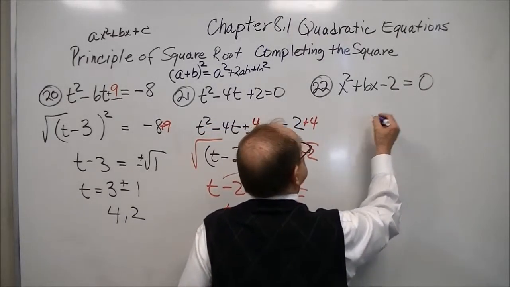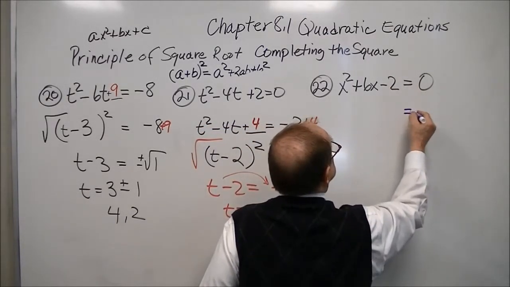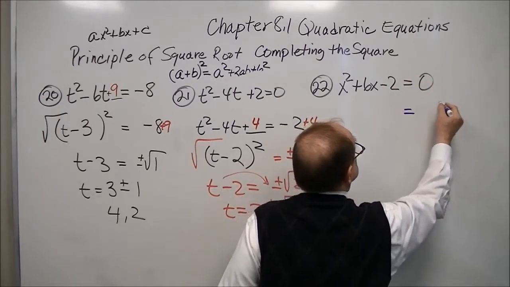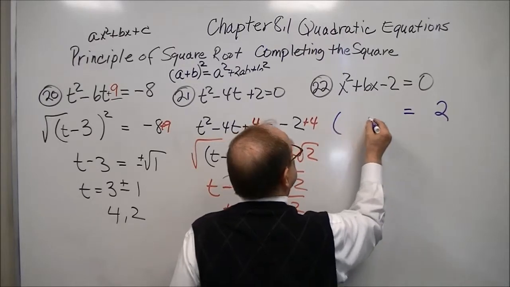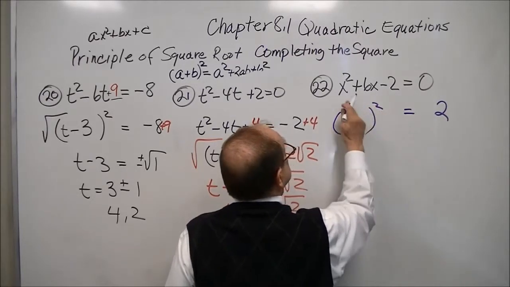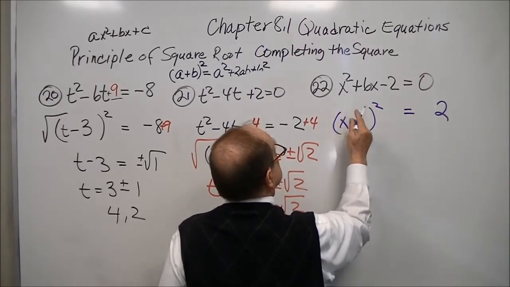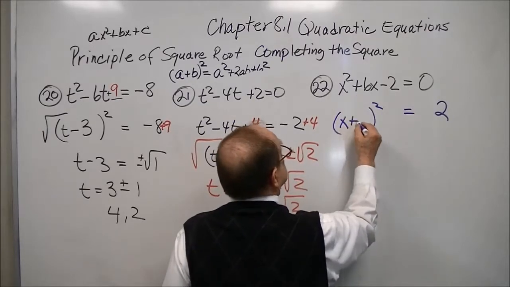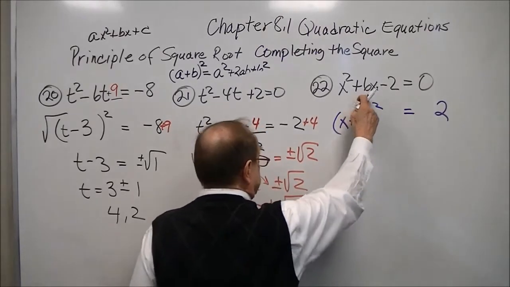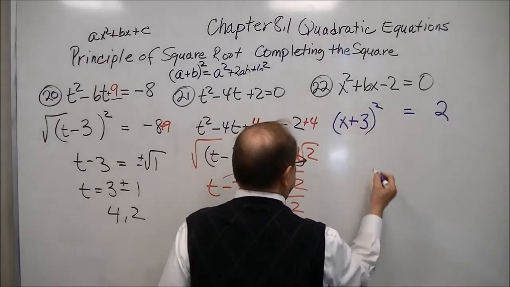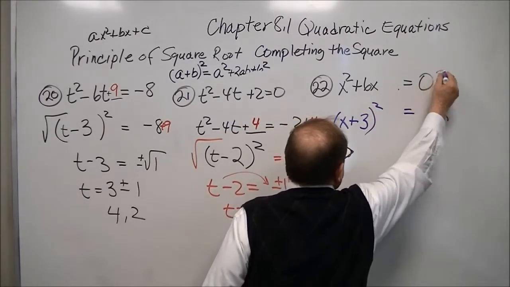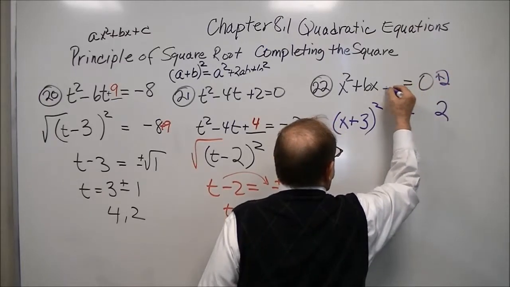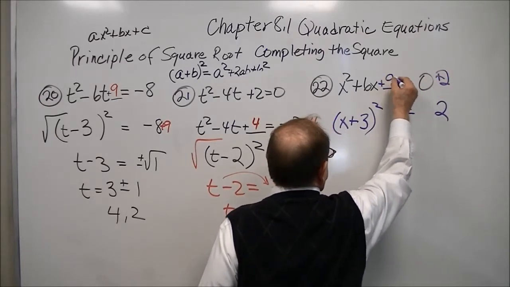So we're going to transpose the 2. Negative 2 becomes a 2 on this side. And I'm going to put my parenthesis, squared. X goes there. Plus goes there. Half of 6 is 3. So in this spot here, where I put the 2 there, I'm going to put a 9.